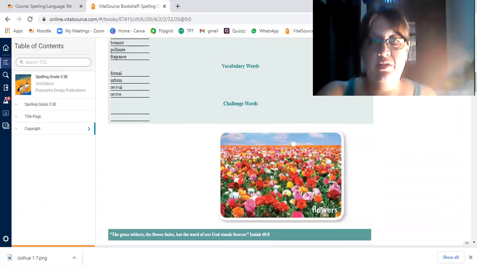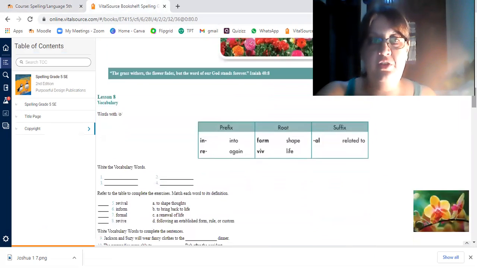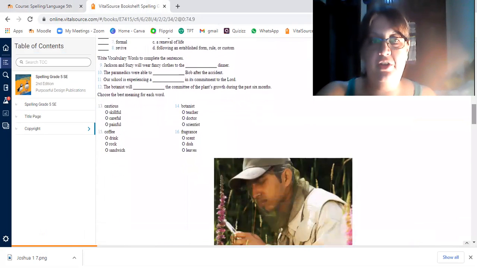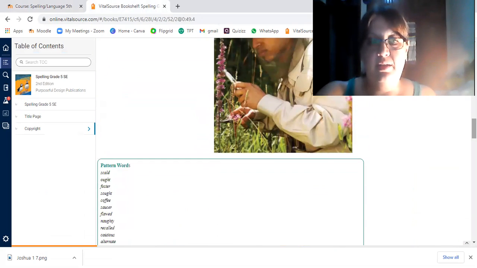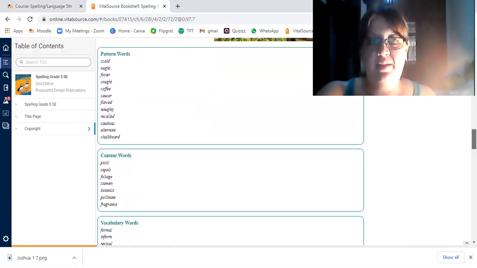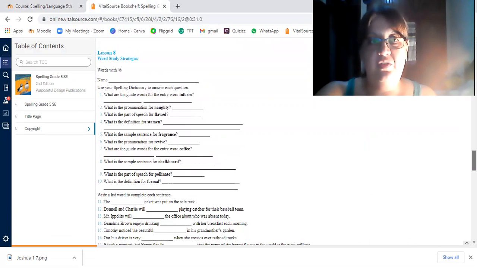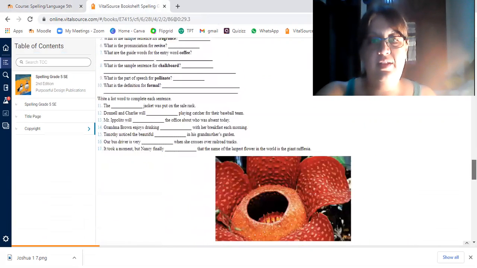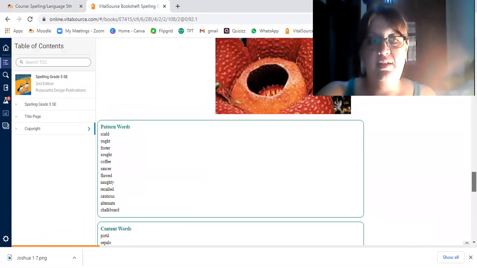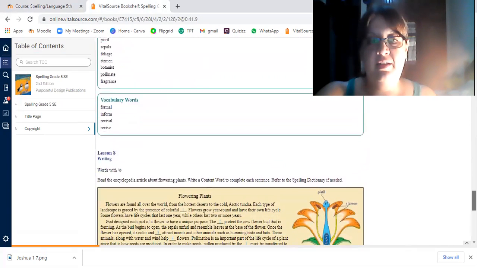Then there's your words. You don't have to do anything with those. And then you're going to go down here to vocabulary and you're going to do that worksheet. And there's your words again, but this time written kind of in italics. And then you're going to do the word study strategies. And there's your words again.